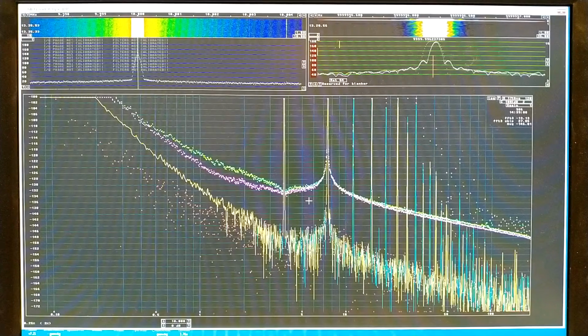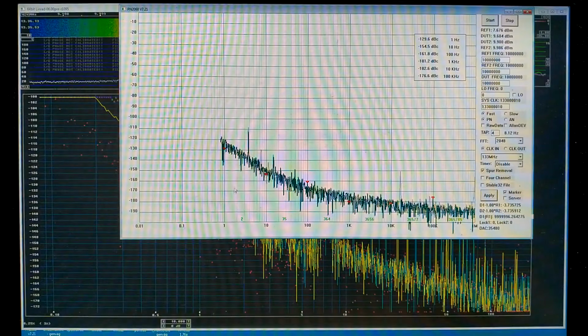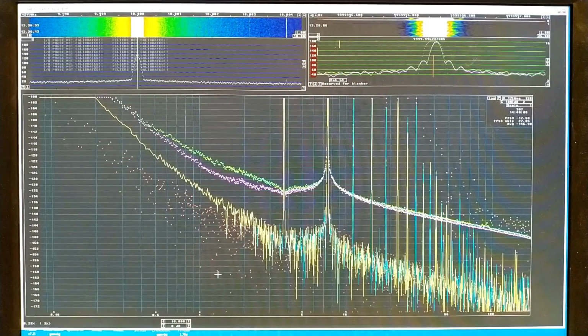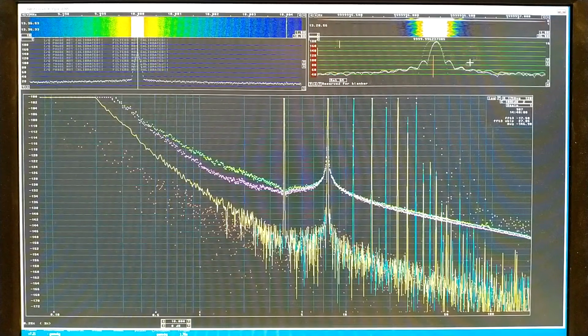And I have restarted the PN2060 and I expect to see noise here below 1 Hz offset. I restart the Linerod noise measurement also, like that.